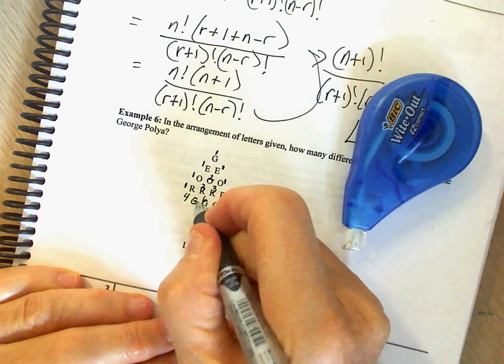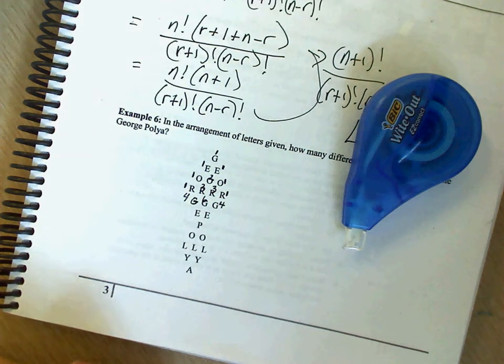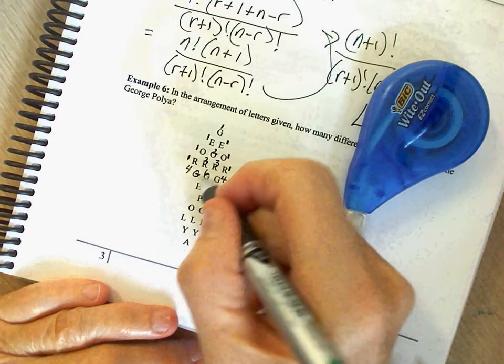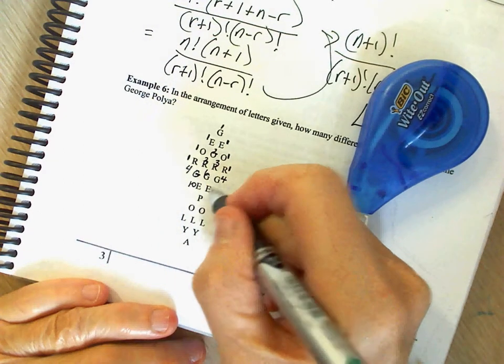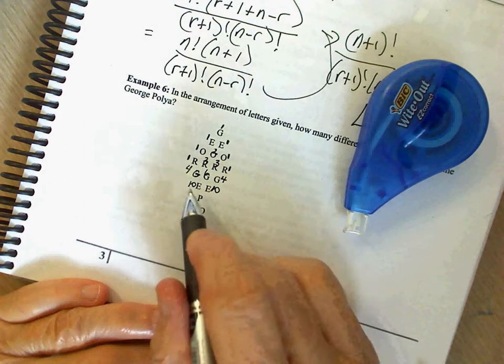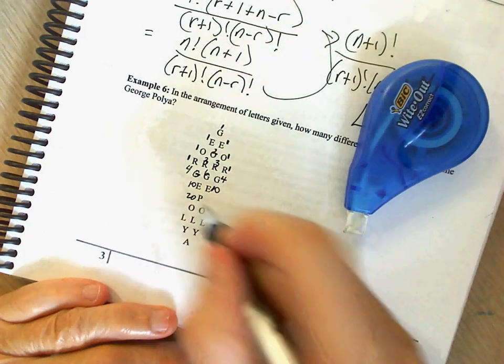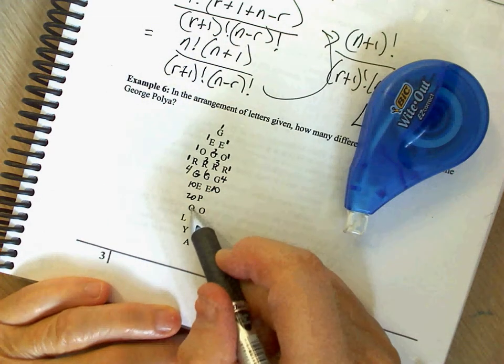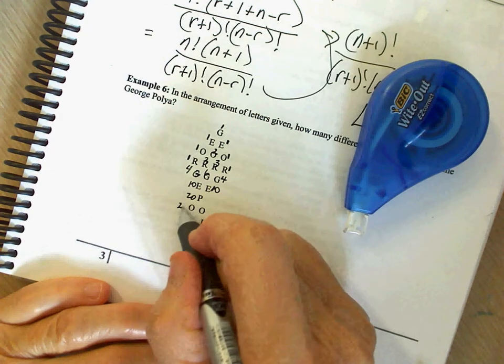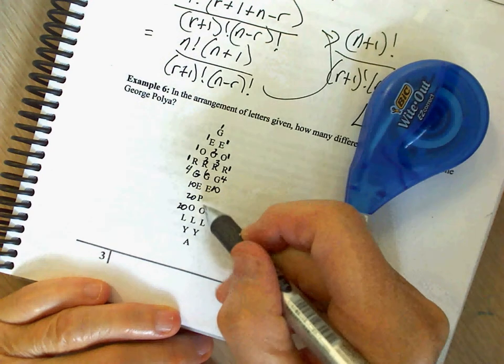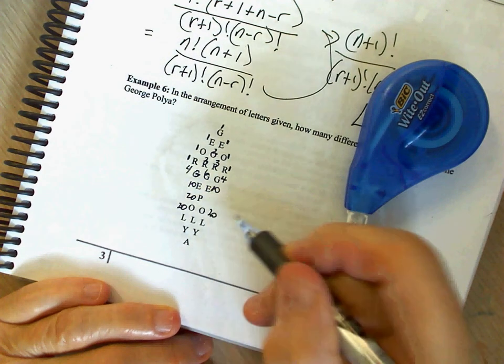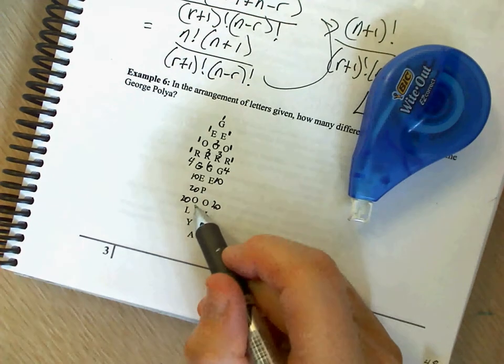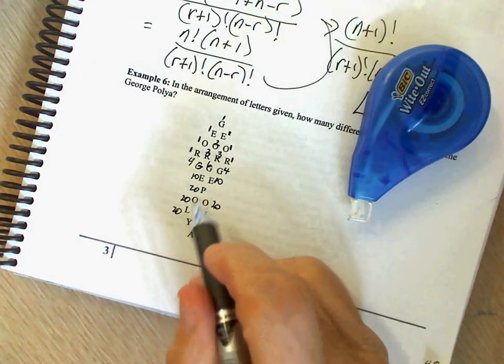Four plus 6 is 10. 6 plus 4 is 10. 10 plus 10 is 20. Right? Now to get to this O from the P, there's just 20 ways. And to get to this O from P, there's 20. To get to the L, it's 20 plus 20 is 40, and 20.